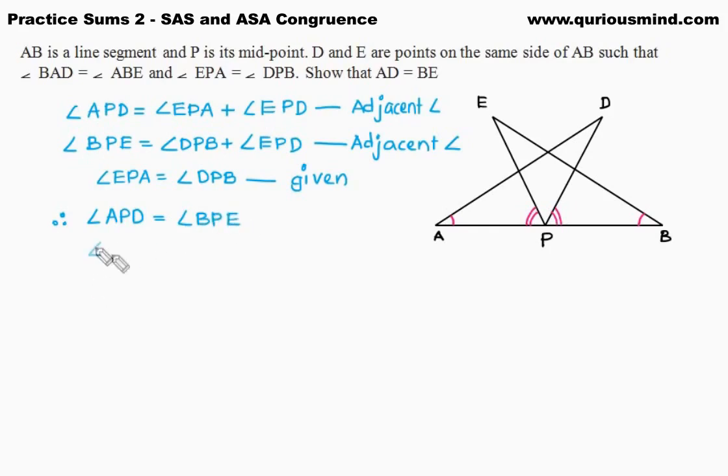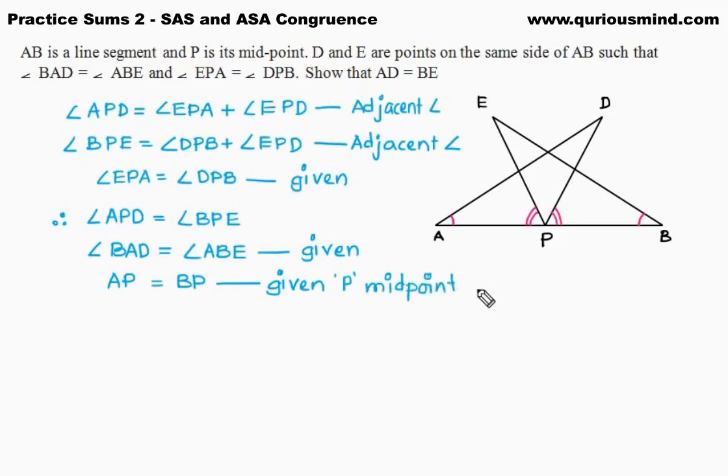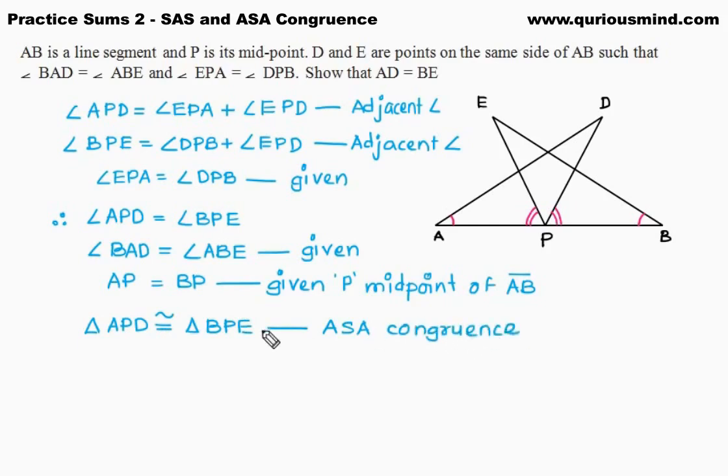We already know that, and from these three, angle side angle, using ASA congruence, we can say that triangle APD is congruent with triangle BPE.